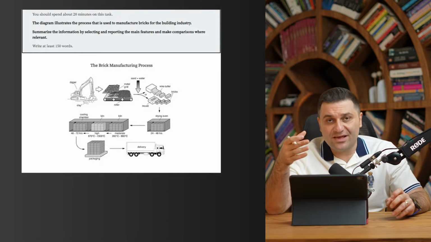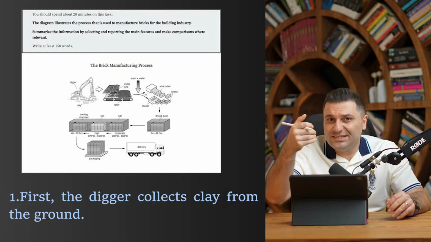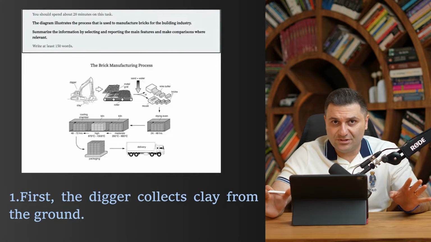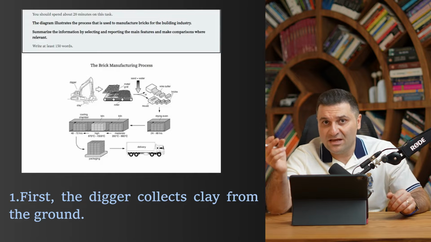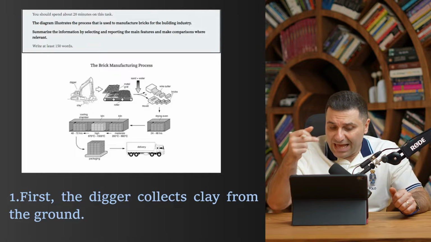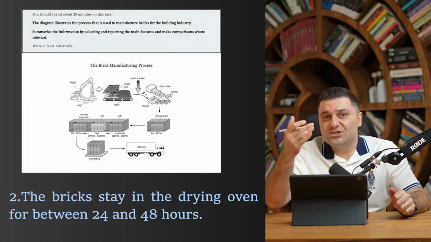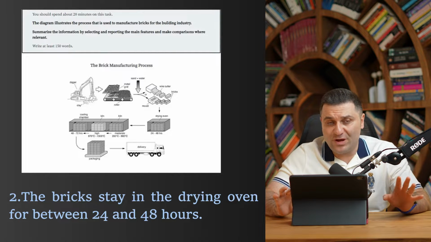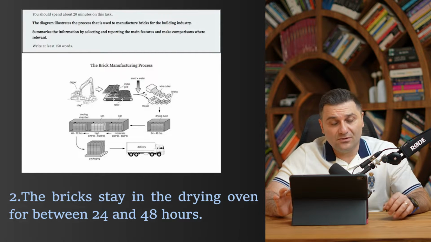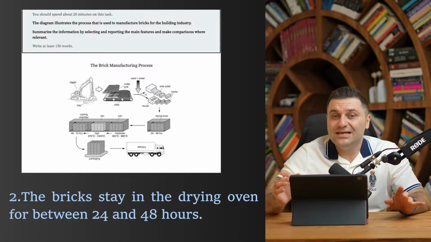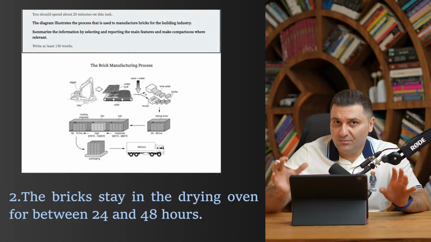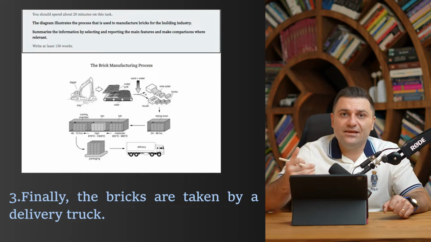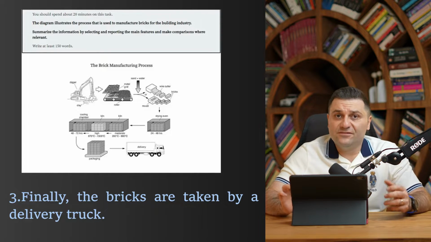The first one is: first, the digger collects clay from the ground. This is in present simple tense. Collects. And then the bricks stay in the drying oven for between 24 and 48 hours. So stay is in present simple tense. And finally, the bricks are taken by a delivery truck.